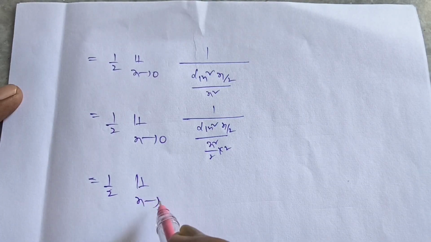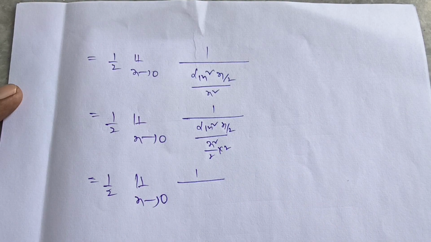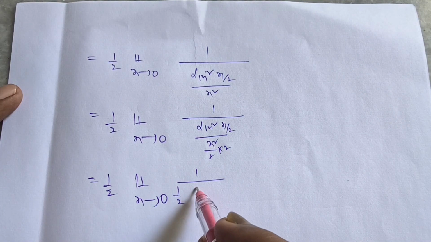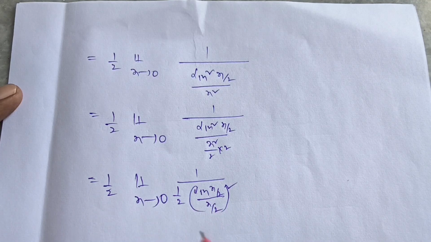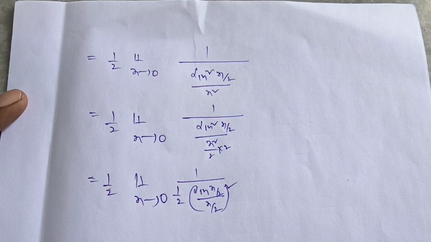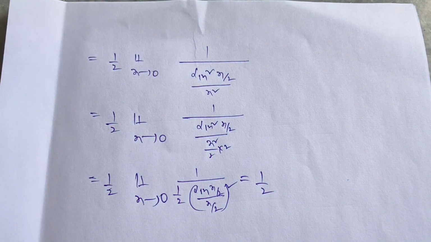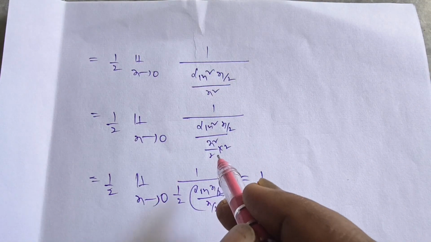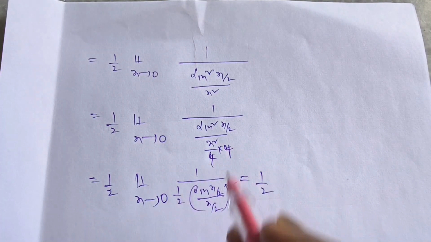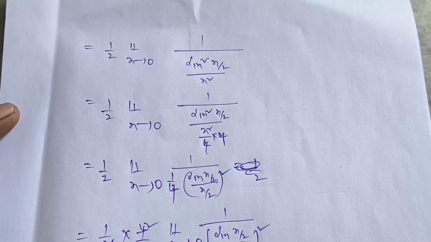Now multiply and divide by 4. So that is equal to 1 by 4 also here. 1 by 2 limit x tends to 0.